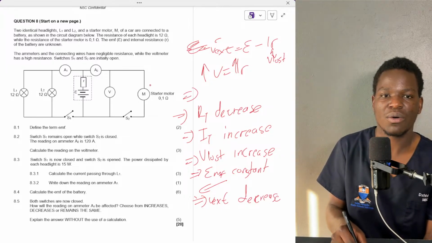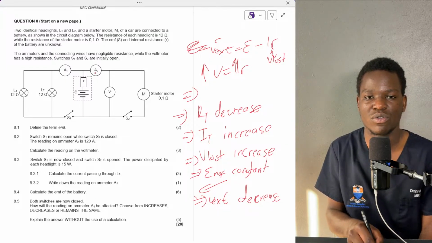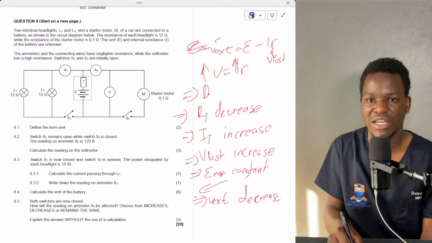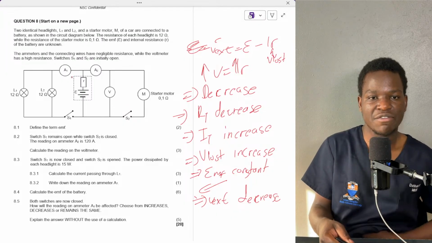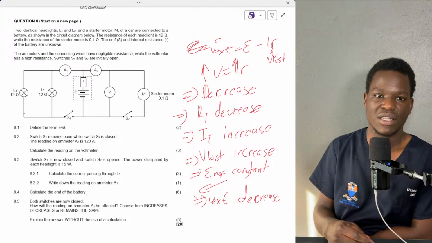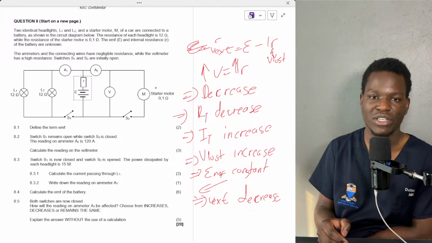Therefore, now the reading on A1. They will ask, if you close, what will be the reading on A1? The reading of A1 is going to decrease. How is it? We see the reasoning: if this battery was supplying only this circuit, now it's going to supply the other circuit.